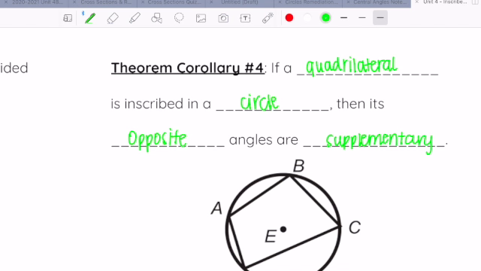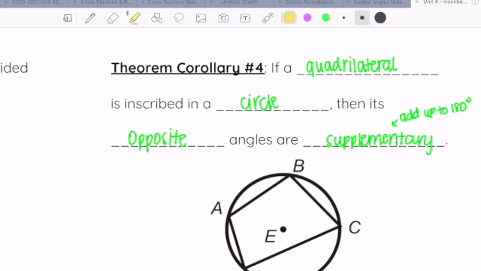Guys, remember, this funny word, supplementary, means add up to 180 degrees. So you might remember straight angles, or the inside of angle relationships, parallel lines, stuff like that. We use supplementary a lot. Means add up to 180.